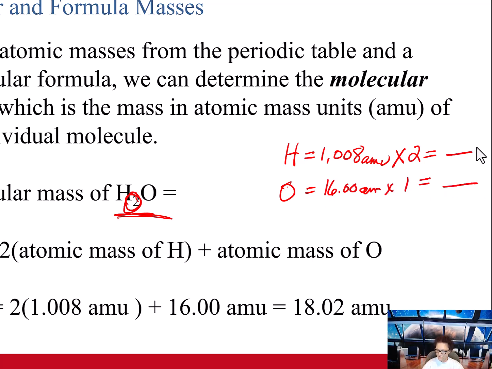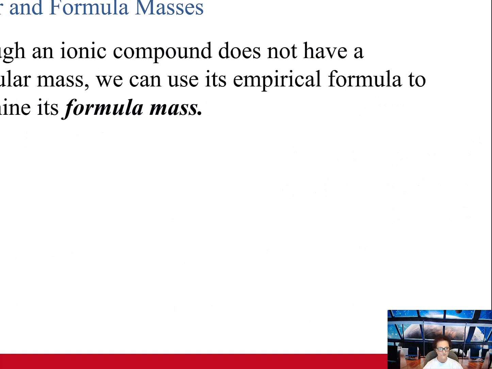So this is 2.016, and this is 16. When you add those together using the proper number of significant figures, which is 4, you're going to get 18.02 as the molecular mass of this molecule. So you're just multiplying by how many you have of each element and then adding them up, and that's all there is to get molecular mass.